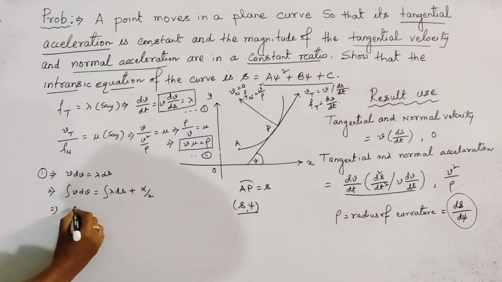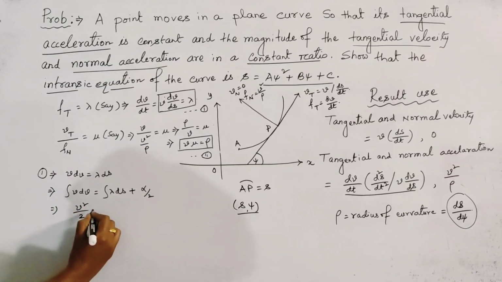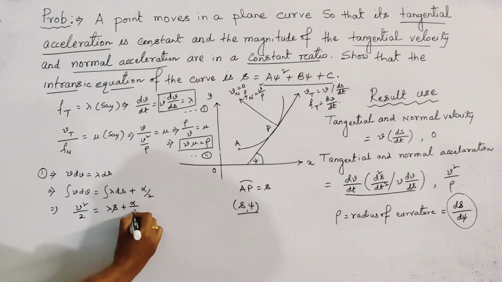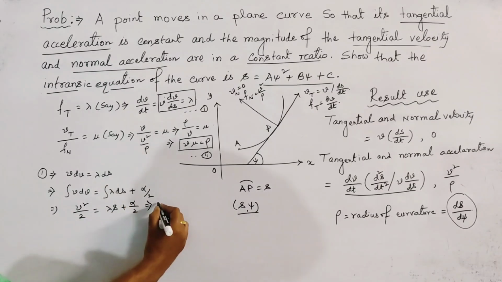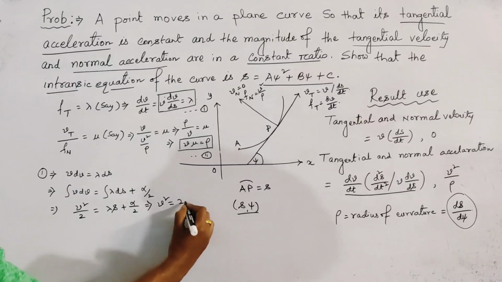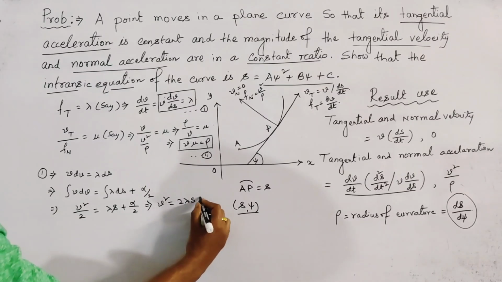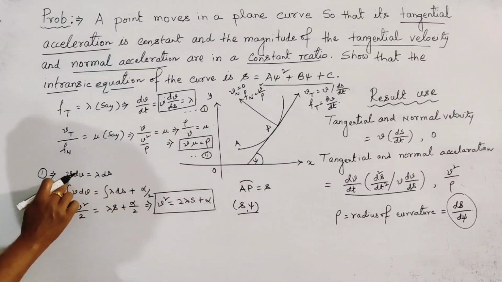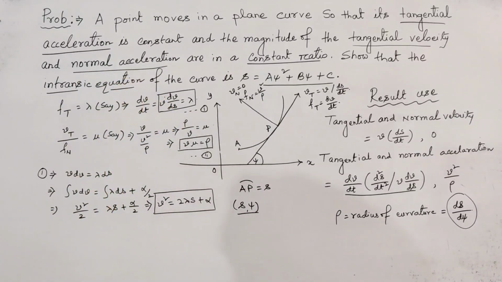Integrating, we get V square by 2 equals lambda s plus alpha by 2, giving V square equals 2 lambda s plus alpha, by integrating relation number 1.